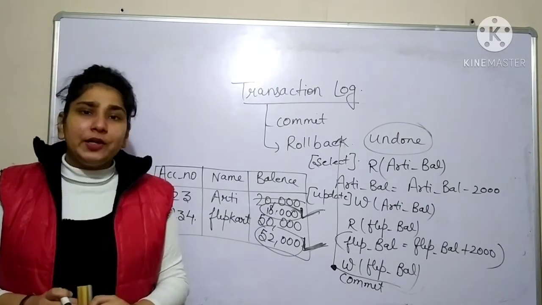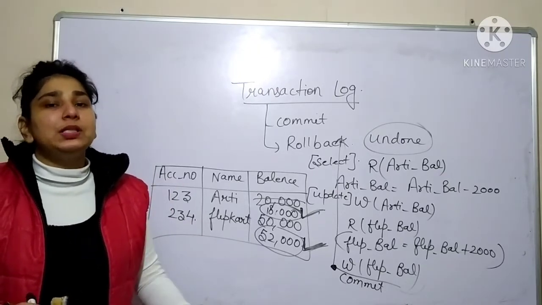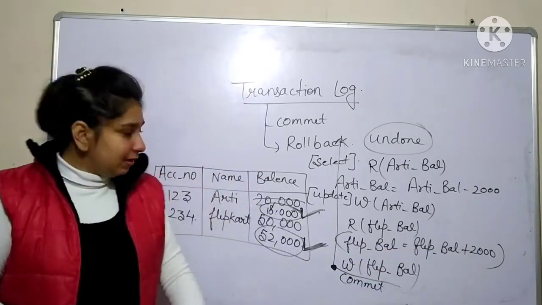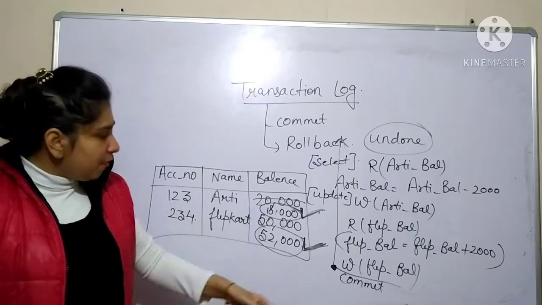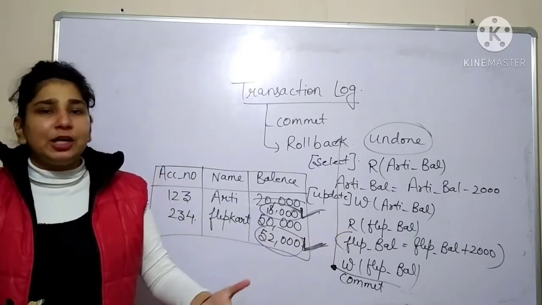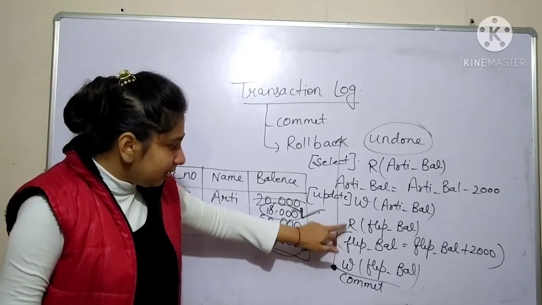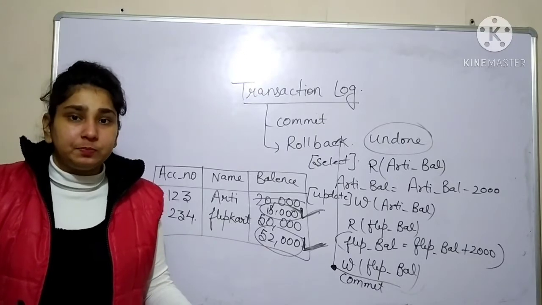But the question is, how will you know what the previous value was? When you read a value from your database and perform some addition or subtraction, these operations are actually performed in the main memory.